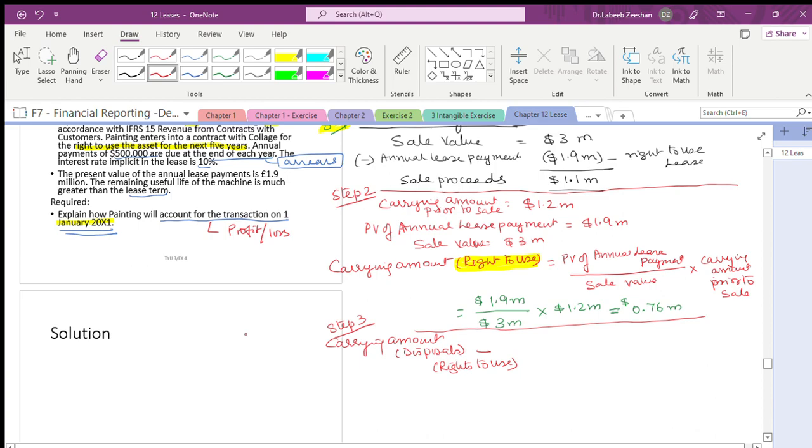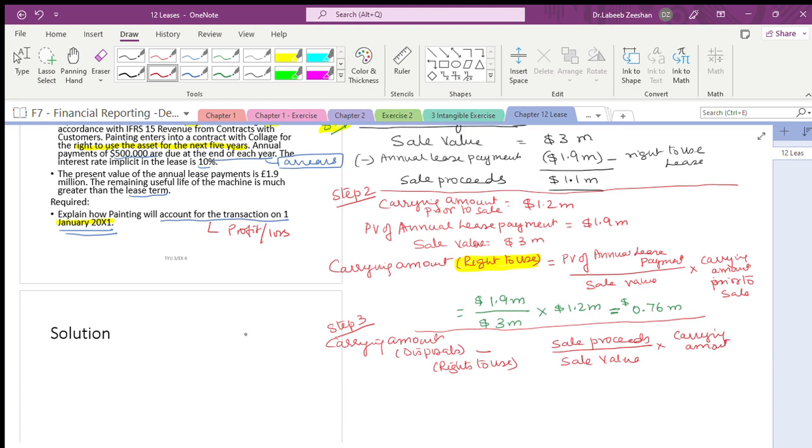We are talking in terms of sale proceeds, sale proceeds divided by what? Divided by sale value. Again, carrying amount prior to sale.